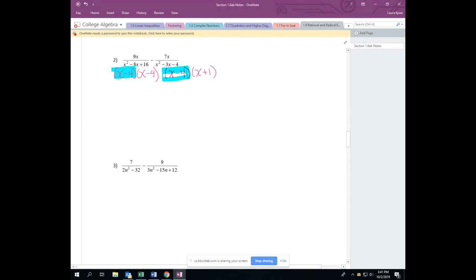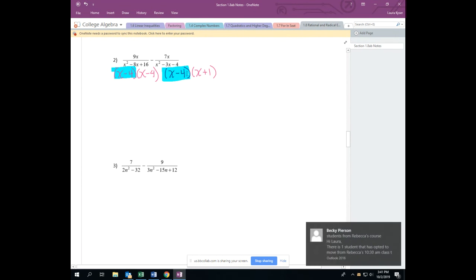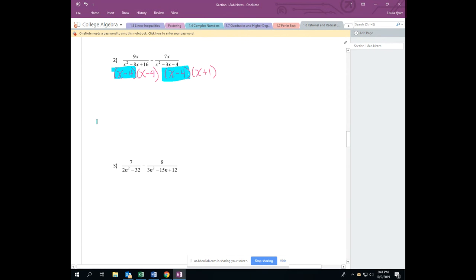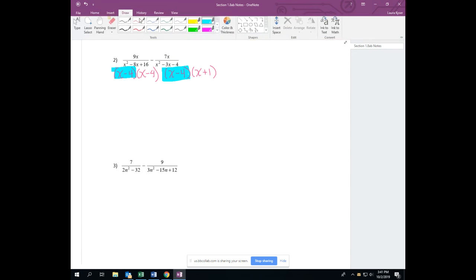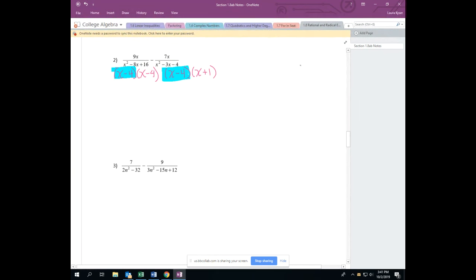Now, I know the other side has 2 of them, but you're only allowed to do one-to-one comparison. So if I have one factor in common, taking an x minus 4 accounts for that one common factor. So our LCD begins with the common factor, x minus 4.